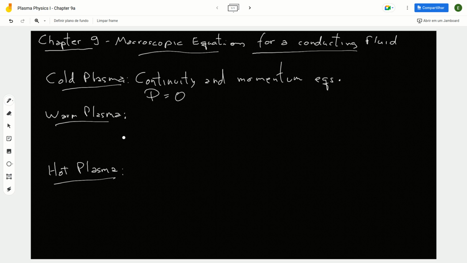Then in a warm plasma, you add the energy equation. Things start to get more interesting here. So you actually have some temperature. But you would suppose that there is a simplification in your equation. You drop the term responsible for the heat flow.